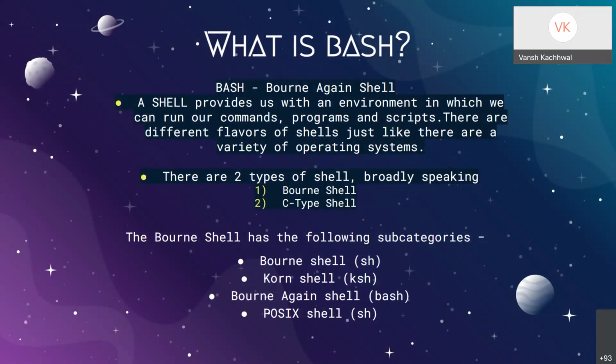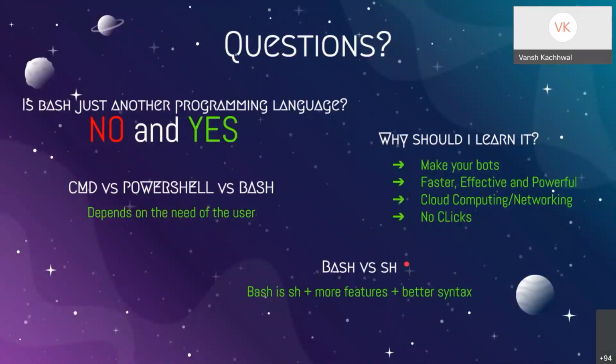Broadly speaking, there are two types of shell, a Bourne shell and a C-type shell. The Bourne Again Shell comes under the category of Bourne shell, which contains POSIX shell also, which is very popular these days. So this was Bash.